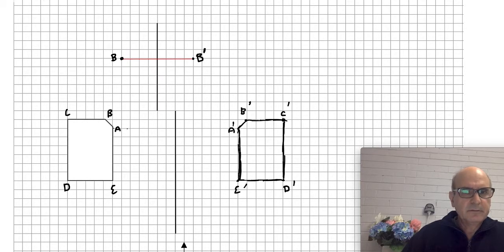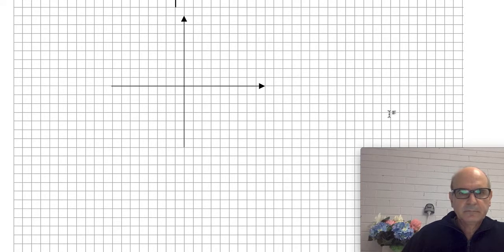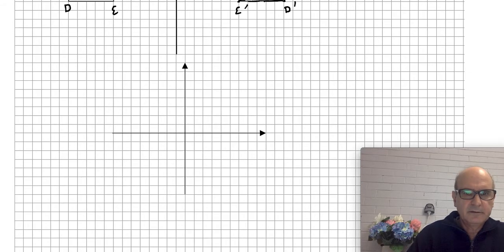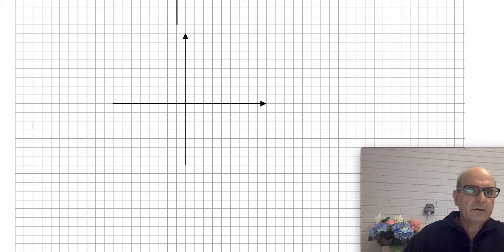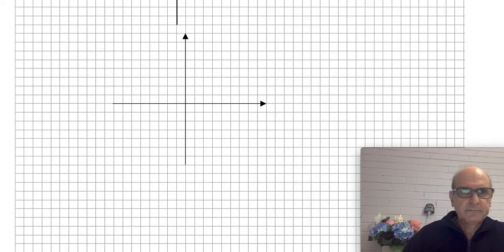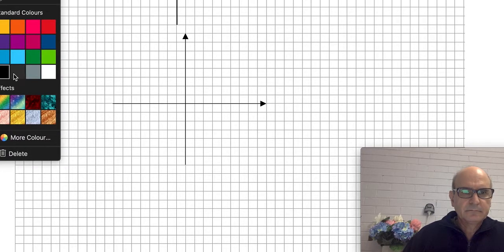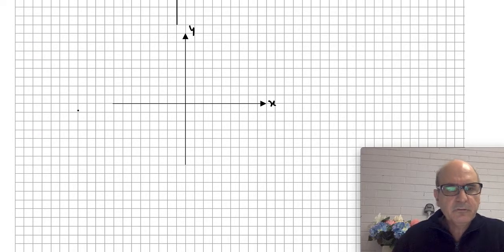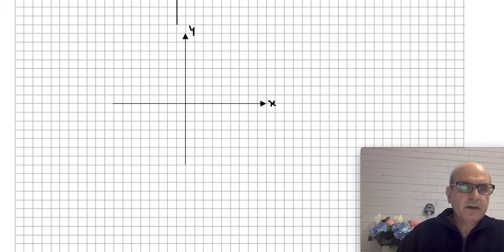That's the Cartesian plane. That is the x-axis, and that is the y-axis. All right, now assume I have a triangle, for example. Say I have this triangle.